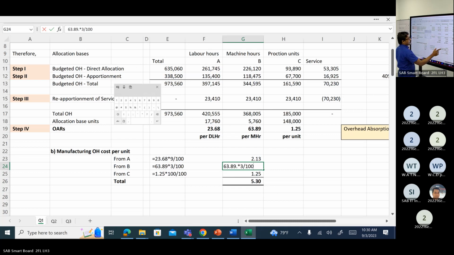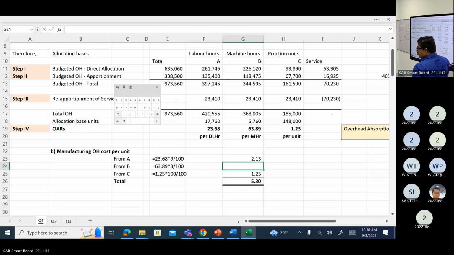Okay, then. Yes. 63.89 per machine hour, 3 hours. What is it per unit for 100 units?